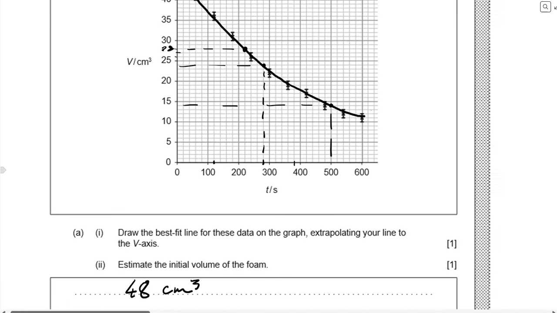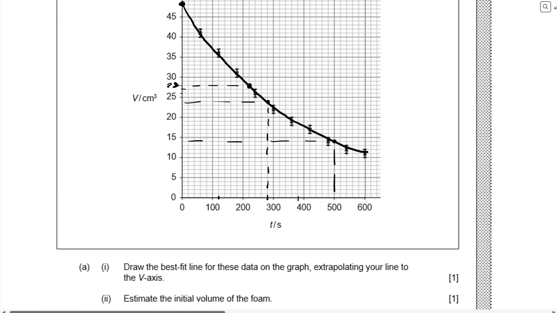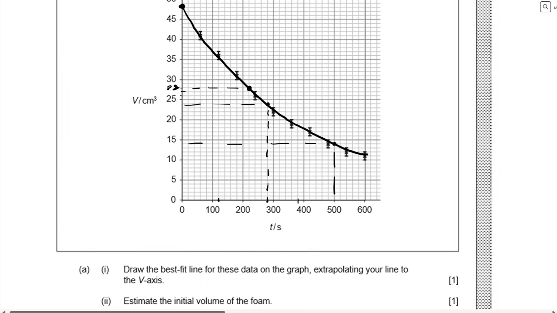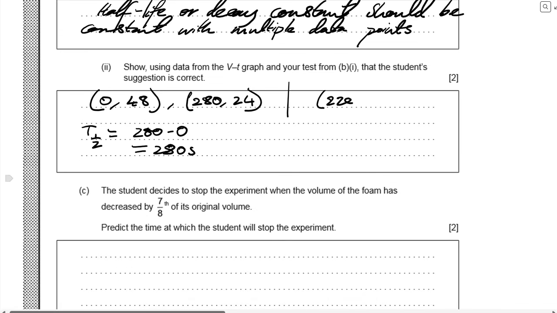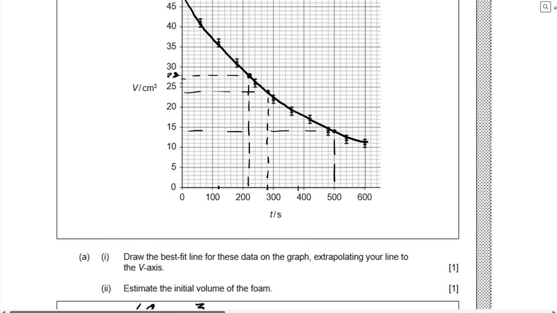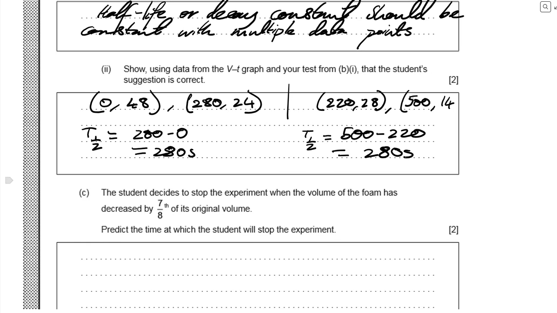Obviously in the exam we should be doing this faster, but I'm trying to show you all the steps. So our other 2 points: 220 gives 28, and 14 at I believe 500. So t half is equal to 500 minus 220, which is equal to 280. And these are the same.